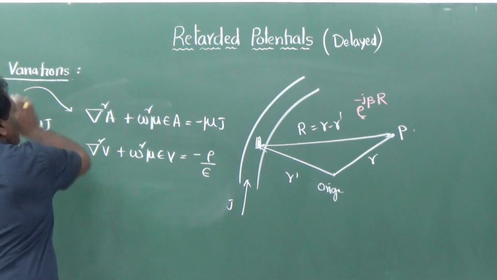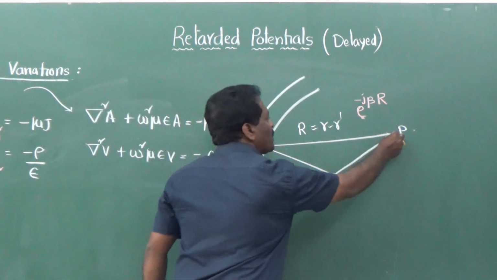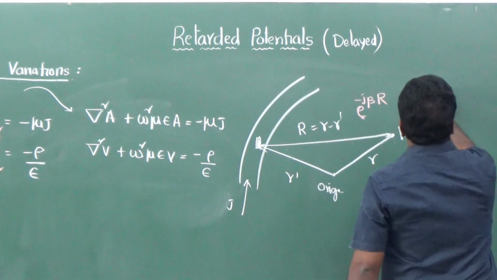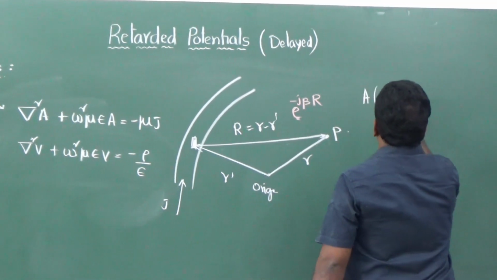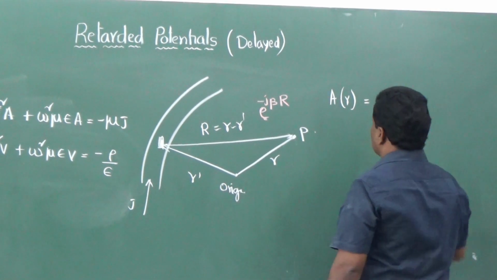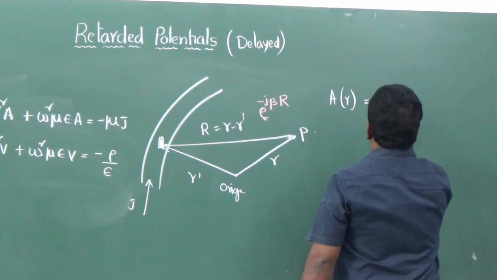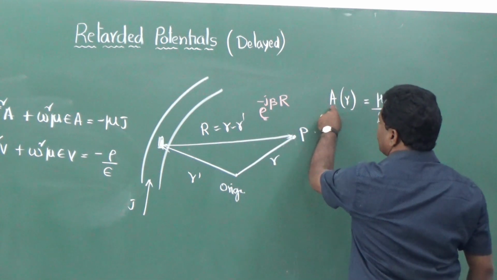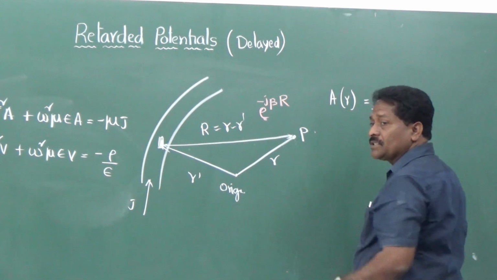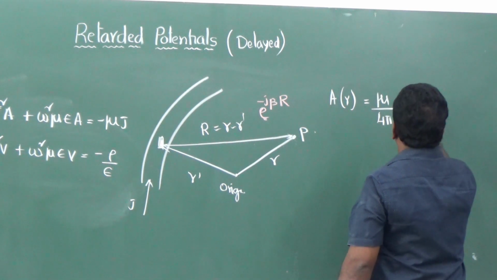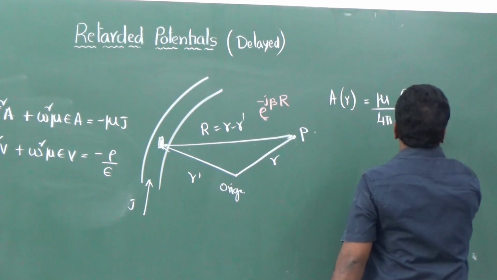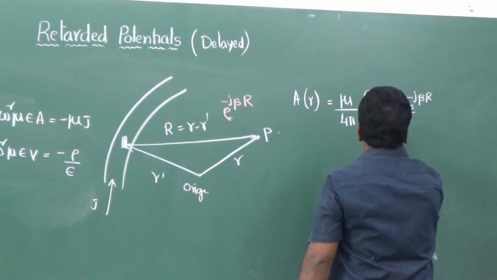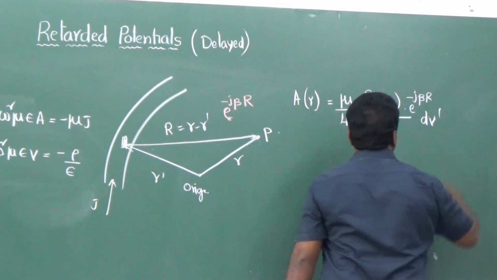So for the sinusoidal time variations, if I want to write down the potential equations at the point P, we can write here: A of R is equal to, of course I am omitting time here, mu by 4 pi integral, current density J at a distance r dash, into e to the power of minus j beta R, which is the phase angle, divided by capital R into dV dash.